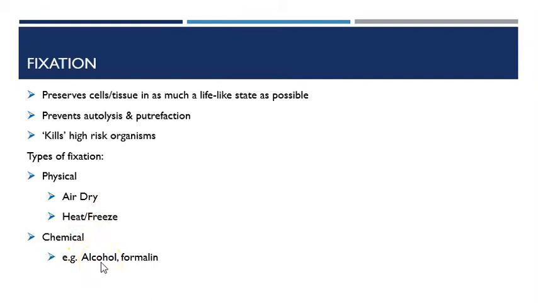After that point, a fresh frozen sample would be effectively fixed and stable on the microscope slide. Until something has been done such as alcohol or formalin fixation, the samples are prone to degradation.